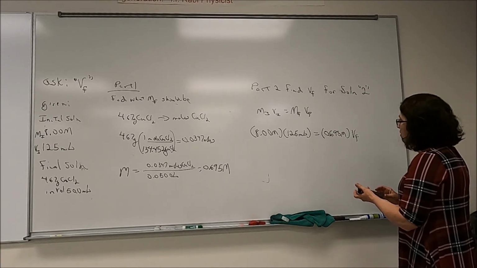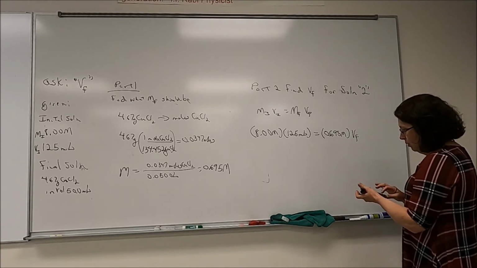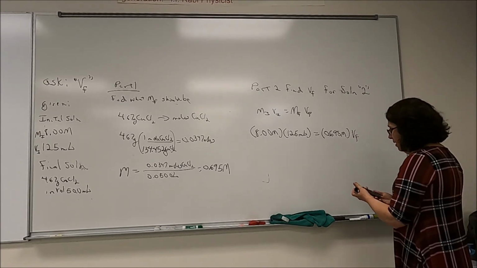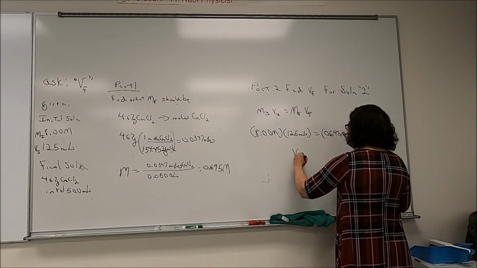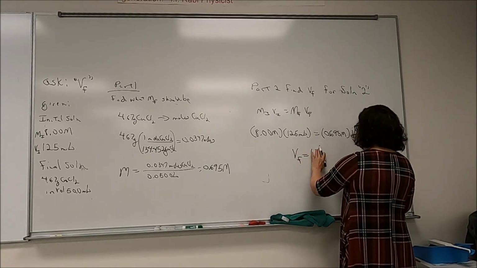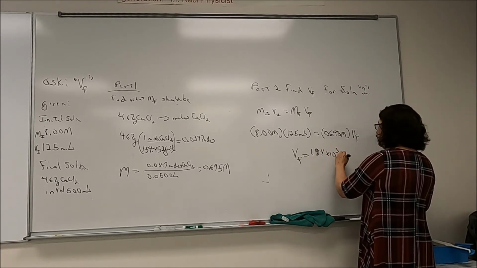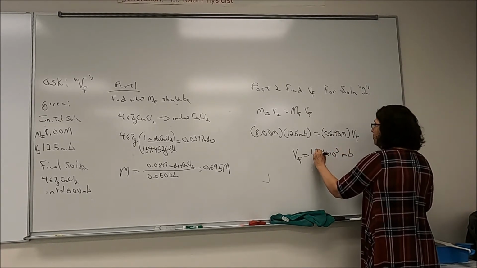So 8 times 125 divided by 0.695, I get V final to be 1.44 times 10 to the 3 milliliters.